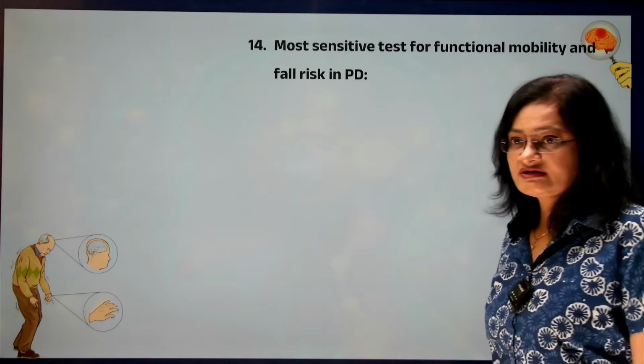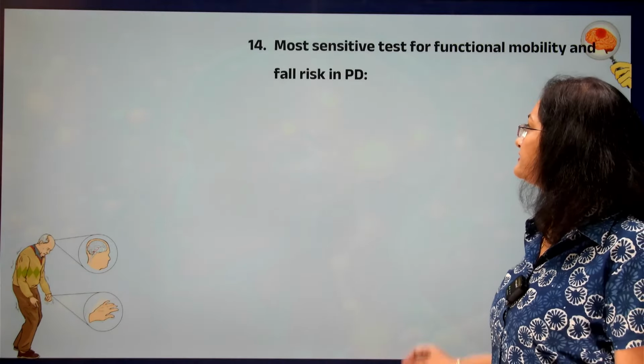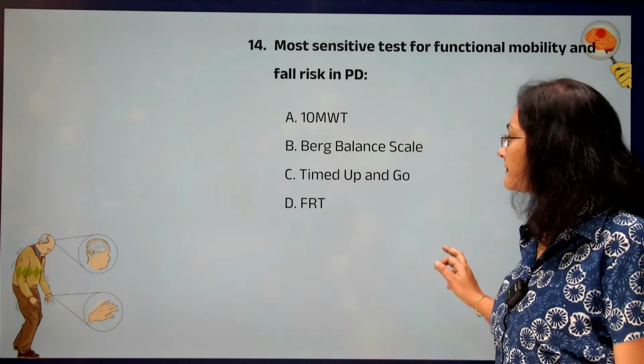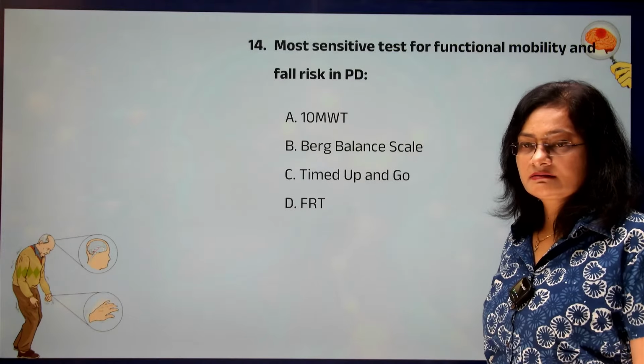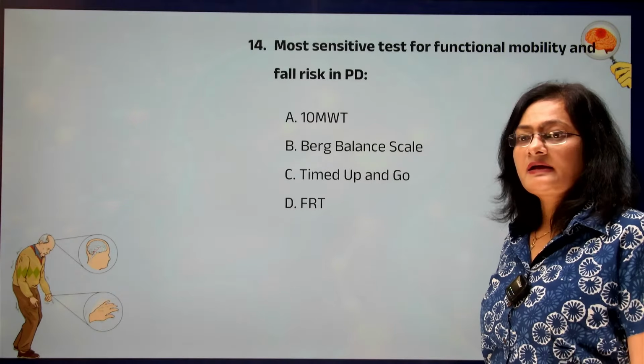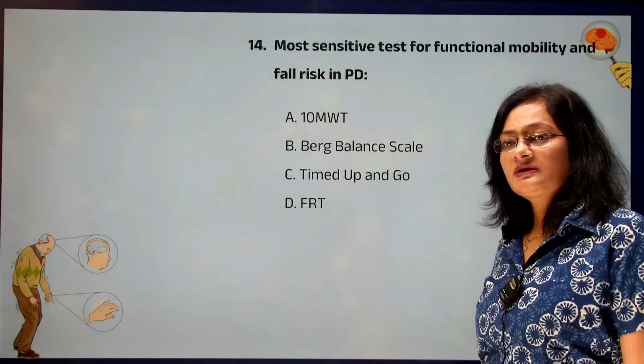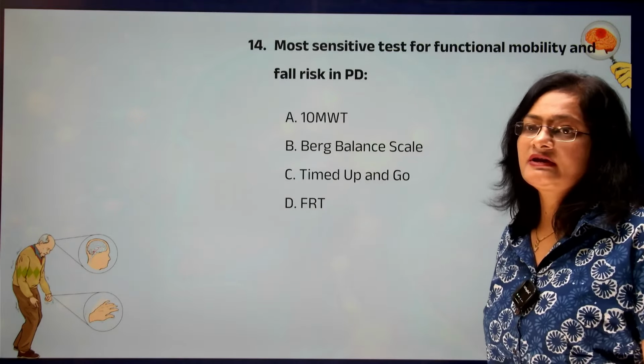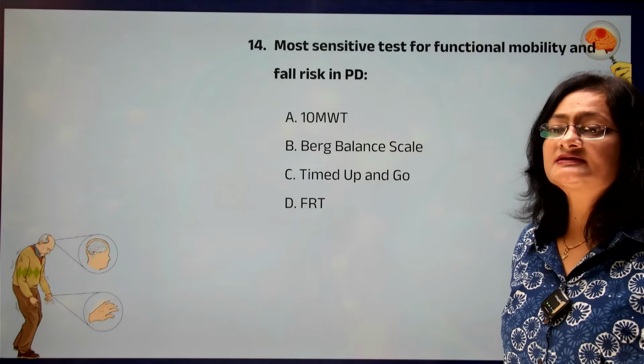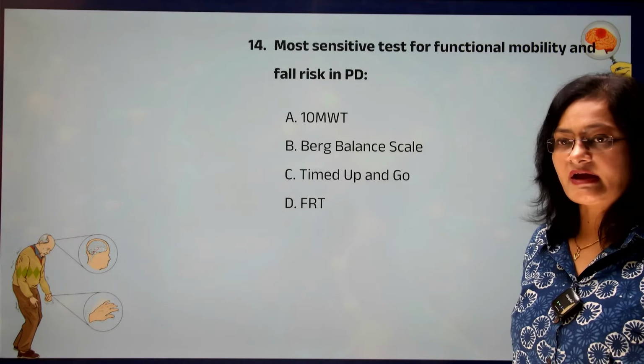The most sensitive test for functional mobility and fall risk in Parkinson's disease: 10-meter walk test, Berg balance scale, timed up and go test, and functional reach test. The 10-meter walk test assesses the mobility plus cardiorespiratory endurance.